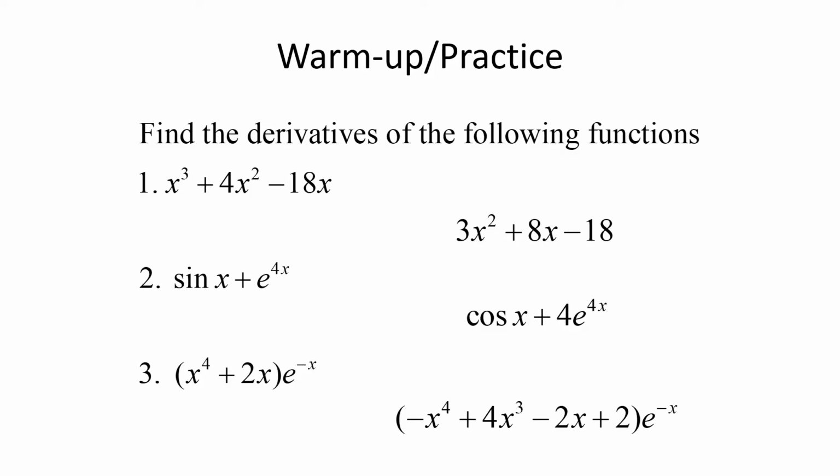In 3, we had the product of a polynomial times an exponential, and the derivative wound up being a product of a polynomial times an exponential. All right, so we're going to use this kind of result to motivate the superposition approach to the method of undetermined coefficients.